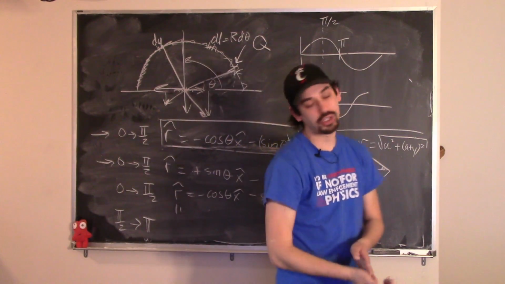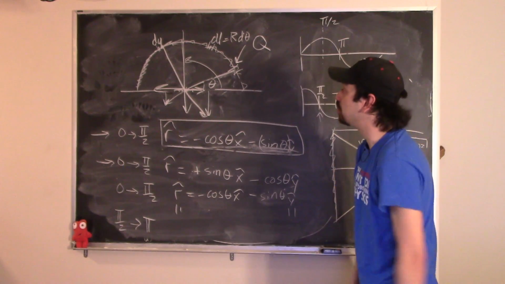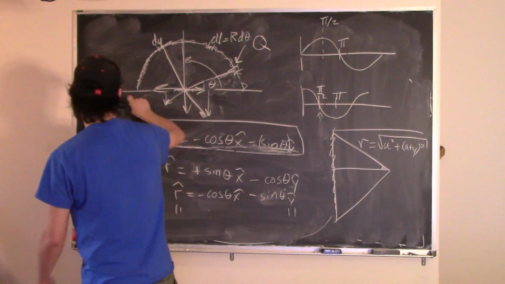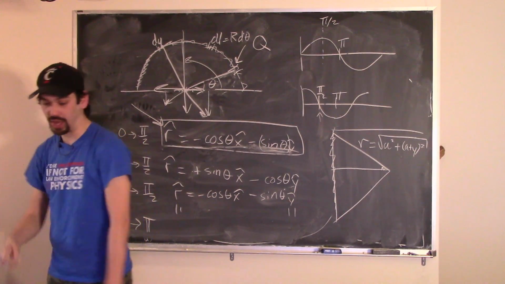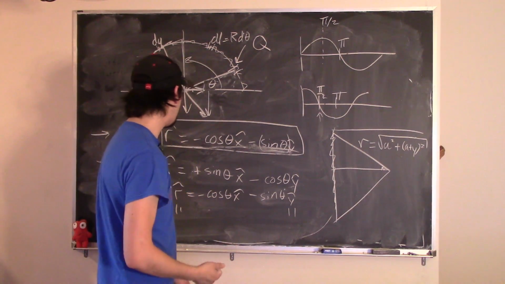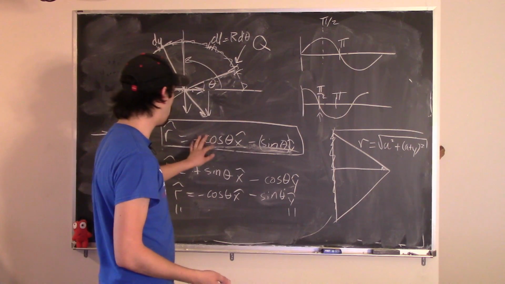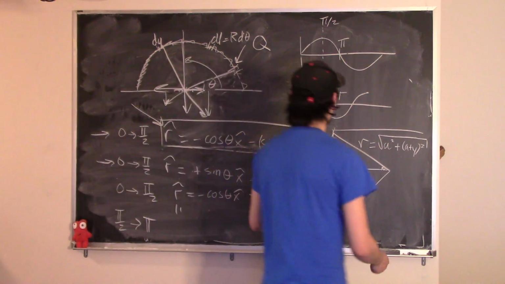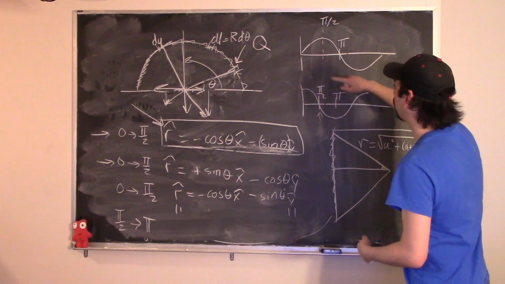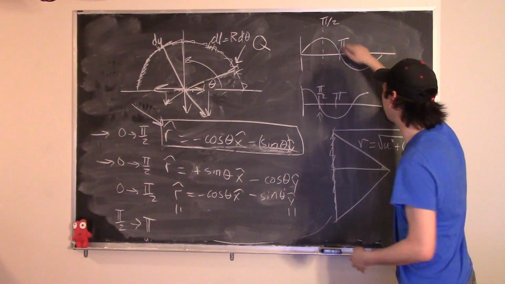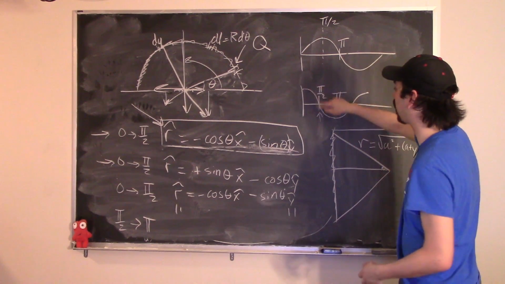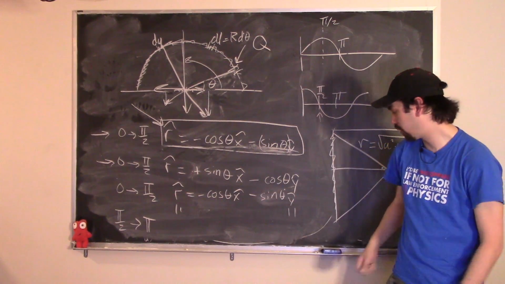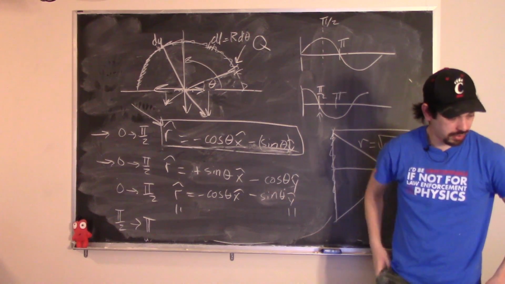And actually, if you always define theta from the positive x-axis, this will always be what r hat is, and all of the directions will be taken care of for you because of the way that sine and cosine change as you change the angle.